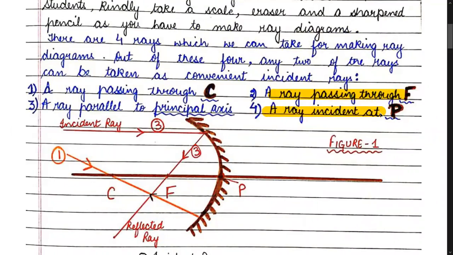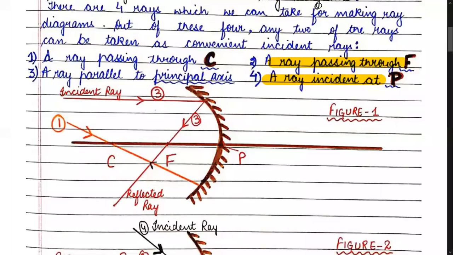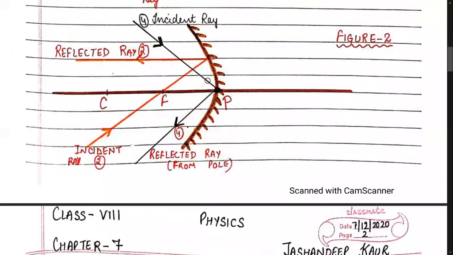So students, after doing the first two ray diagrams, now let us study the ray diagram for the second and fourth part. Now the second part was a ray which is passing through the focal point. Now see figure number 2. When the incident ray is passing through focus, it strikes the mirror and gets reflected, and the reflected ray is parallel to the principal axis.